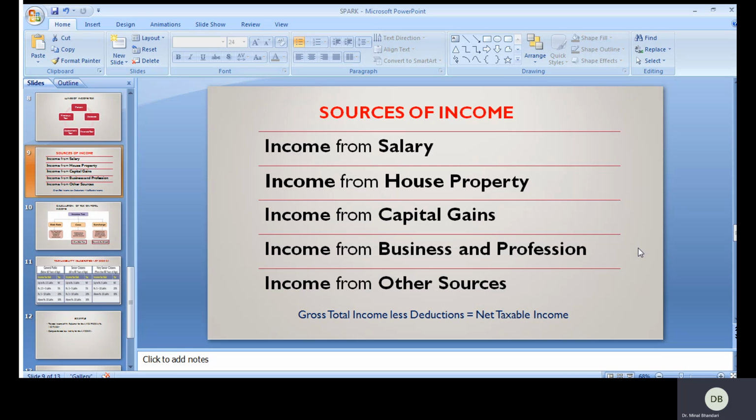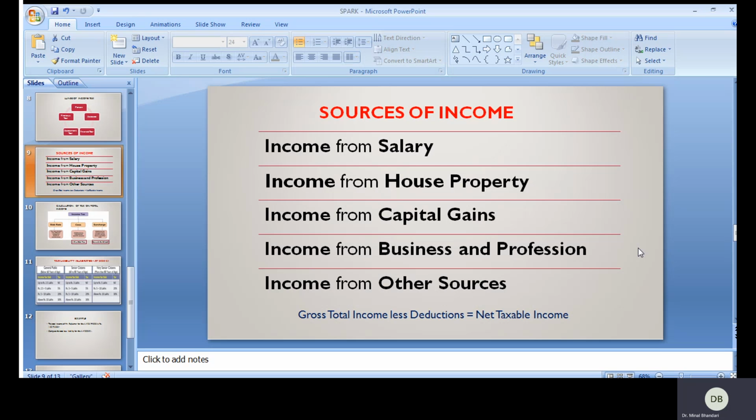When we add income from salary plus income from house property, if we have a house property which we are giving on a rental basis and we are getting rent, or if we are engaged in selling and purchasing of shares, debentures, gold and all kinds of ornaments, that is capital gains.